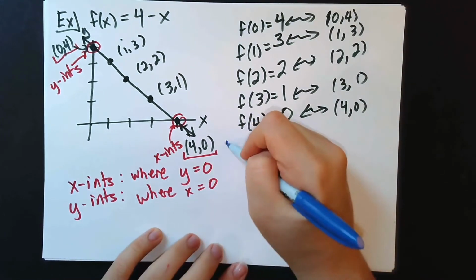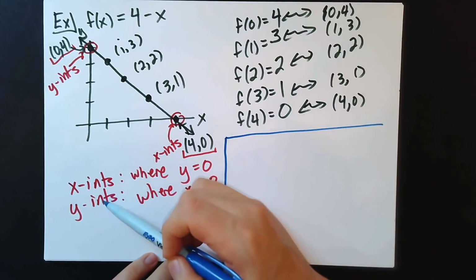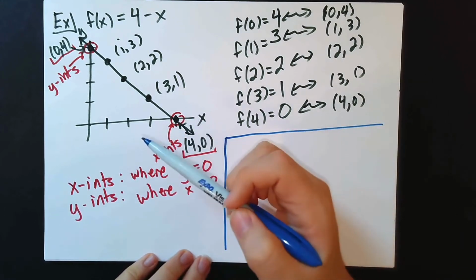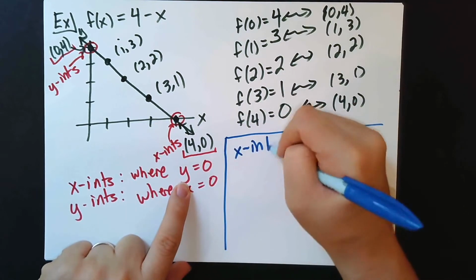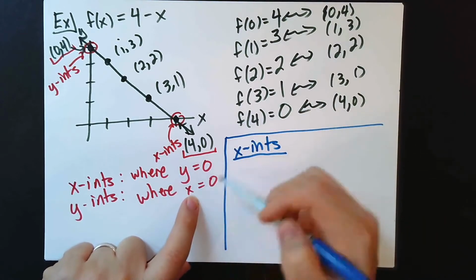I also wanted to quickly interpret what X-intercepts and Y-intercepts mean in terms of inputs and outputs. So remember, the y is the output. So X-intercepts actually correspond to a 0 output.